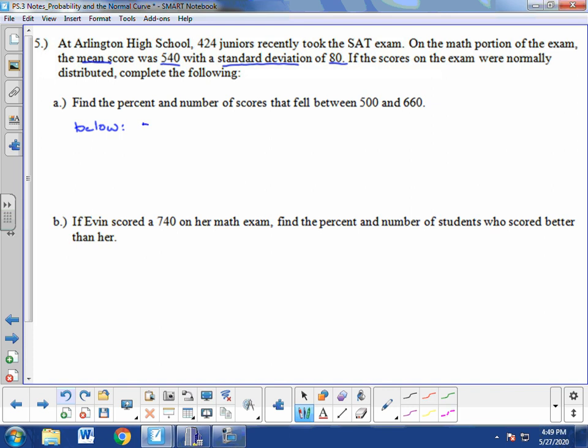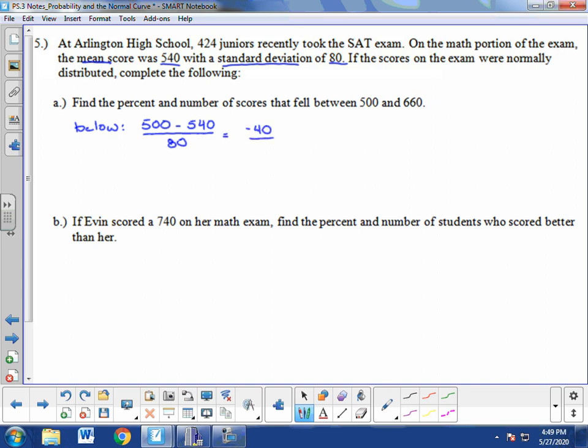So what I'm going to do is take this low score, 500, and subtract the mean, 540. And then I'm going to divide by the standard deviation. So 500 minus 540 would be the difference between the mean and my data point, 500. If I divide by 80, that's going to tell me how many standard deviations I am from the mean.